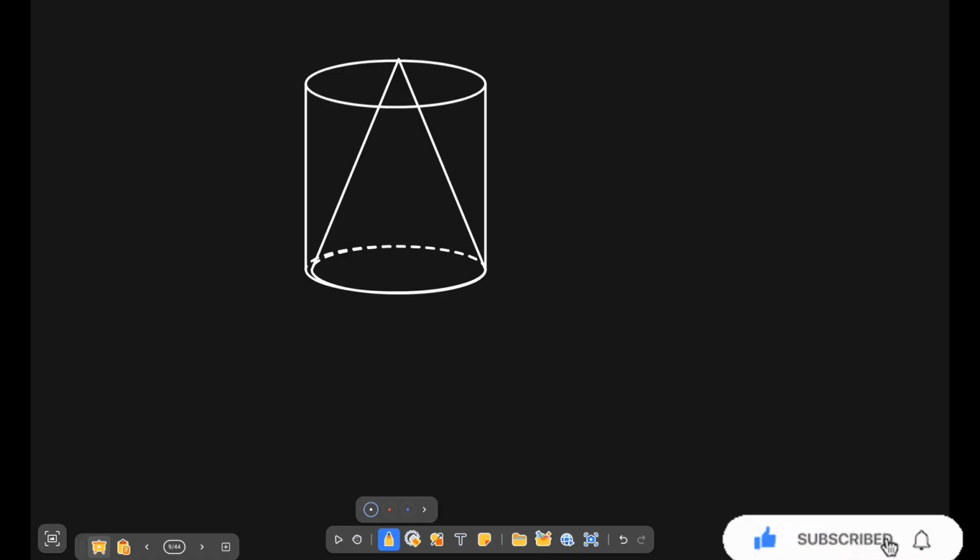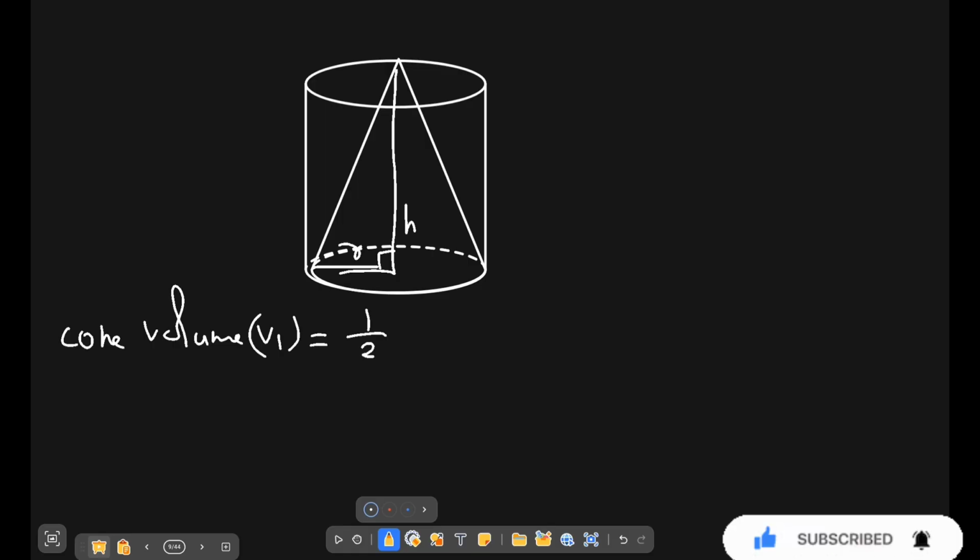So let us think r is the radius and h is the height. Then what is the volume of the cone? Cone volume is 1 by 3 pi r square h. So this is the cone volume.